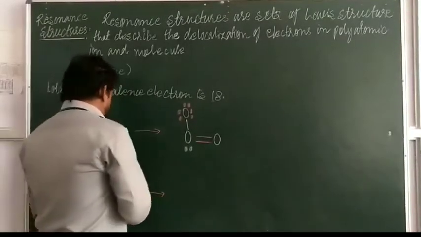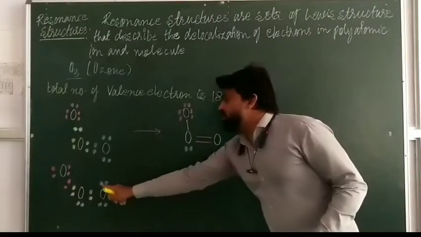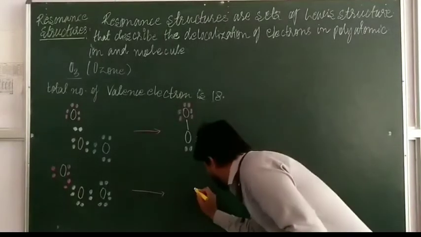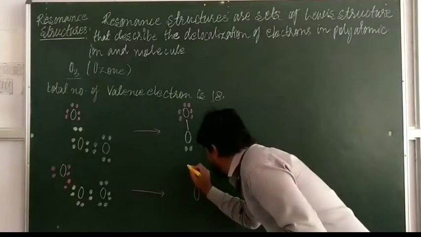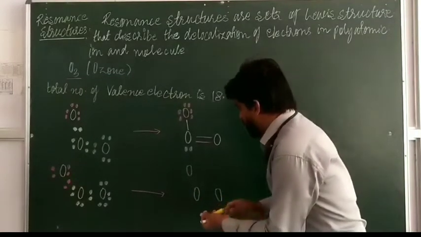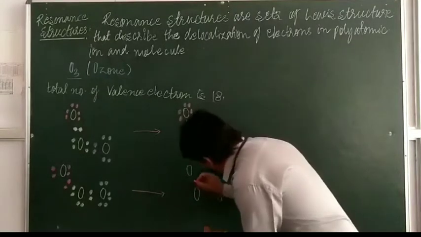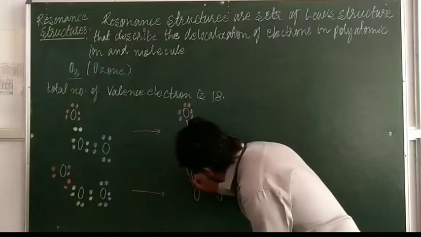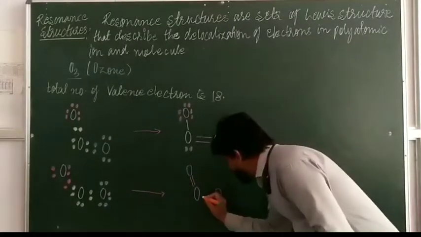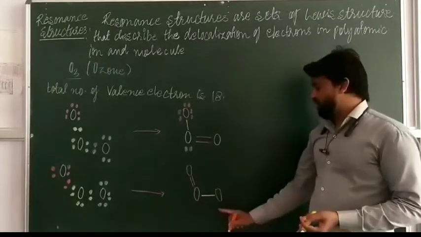Okay, so let's draw the bonds by using the different sets of electron pairs. There are 3 oxygen atoms also: this is the central oxygen atom, and the oxygen and oxygen. In this, the oxygen atoms form a double covalent bond, and this one has a single covalent bond, formed by the coordinate bond.